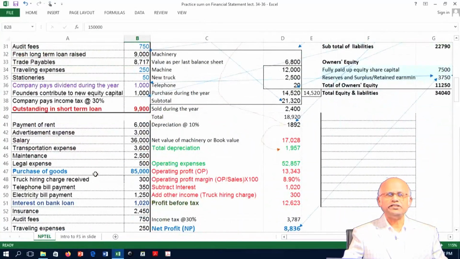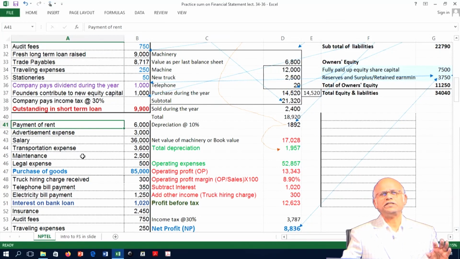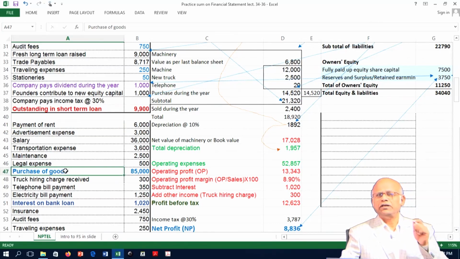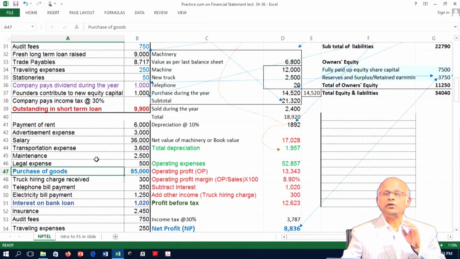Out of this data we have identified the expenses that are revenue in nature. Purchase of goods is used to estimate the revenue expense related to consumption of goods, which is nothing but cost of goods consumed in the context of a trading business. Cost of goods is a revenue expense, purchase is not.